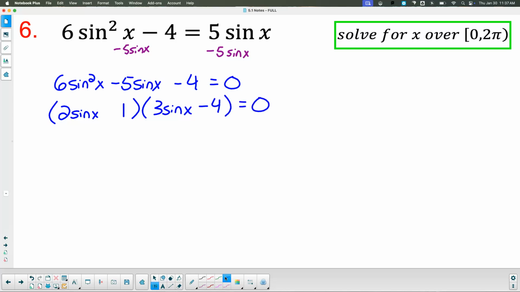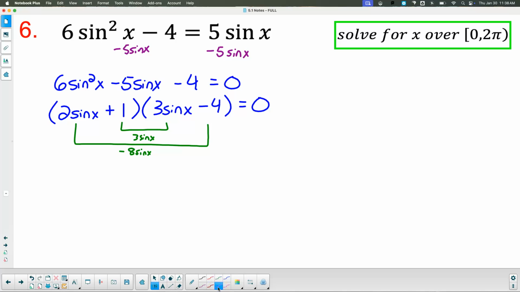We want a negative there and a positive there. Quick check: that gives me 3 sine of x in here and negative 8 sine of x out here. Add those two together, I have the negative 5 sine of x that I need.